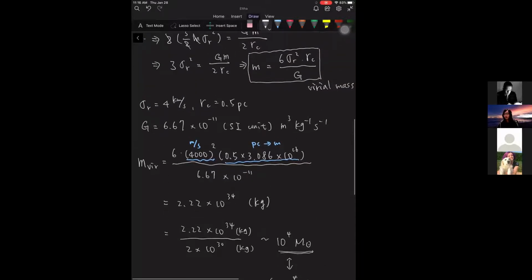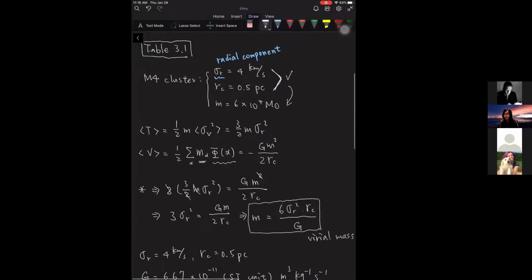Since there are plenty of data in your textbook, you can also pick one of them and try this. You will find that the virial mass you derive should be at least at the same order of the mass measurement. This should be reasonable because we know star clusters, of course, are gravitationally bound.